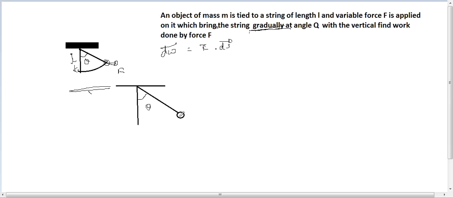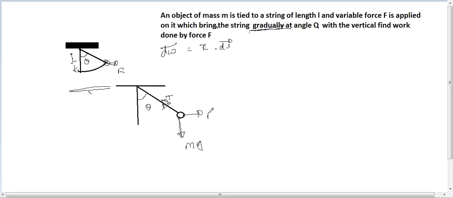If you draw the free body diagram, then this force is mg, this is the tension T, and there is a force F which acts on it.